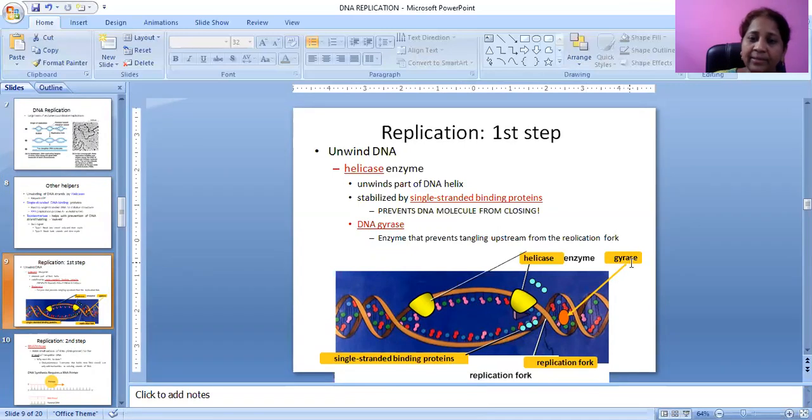Then next gyrase. This gyrase enzyme prevents tangling upstream of the replication fork. Here is the replication fork.